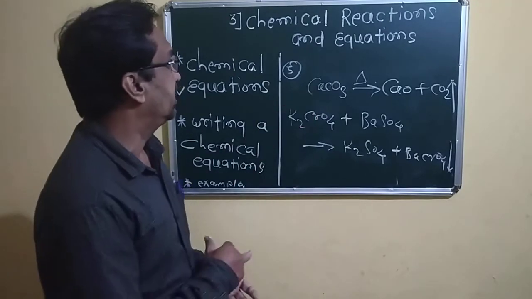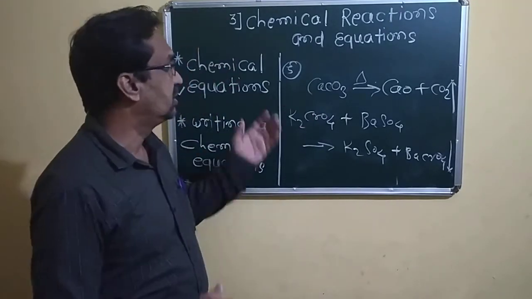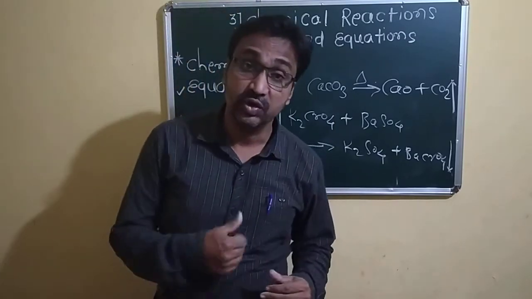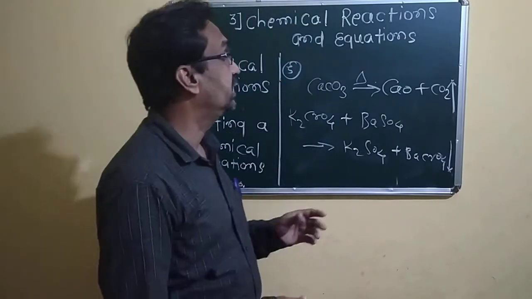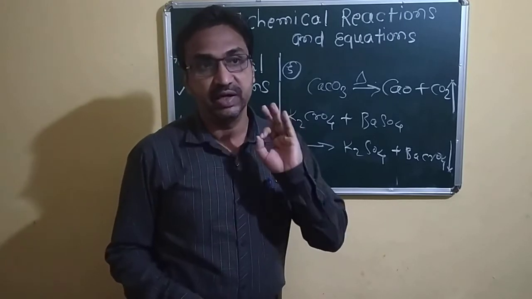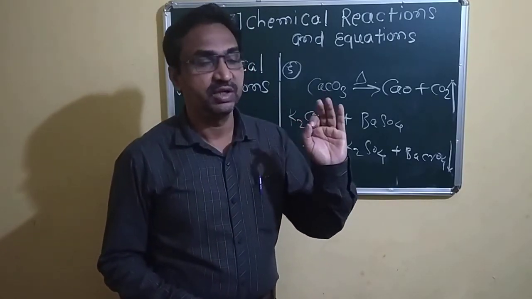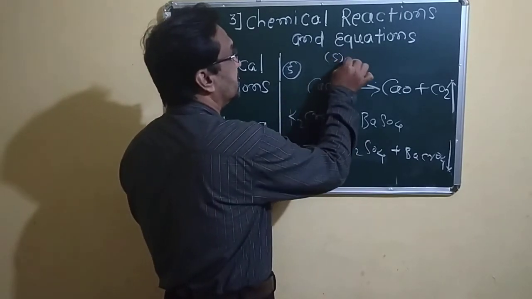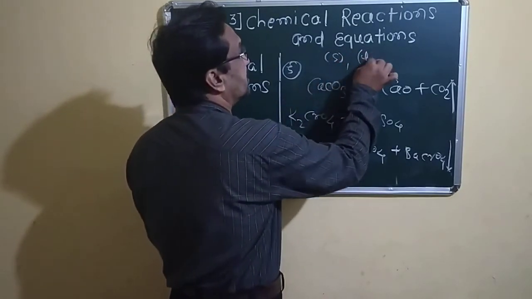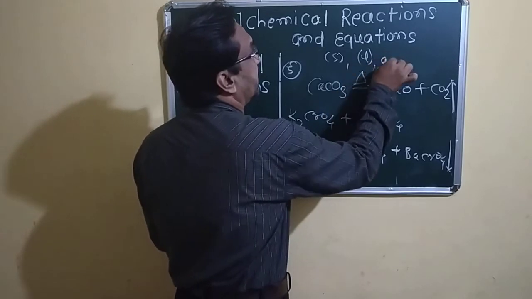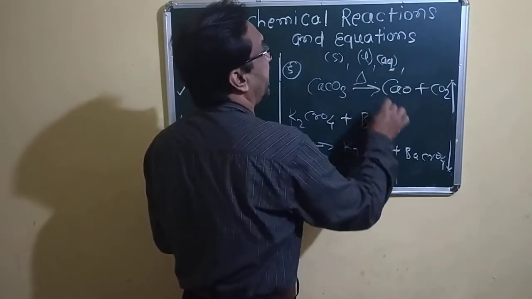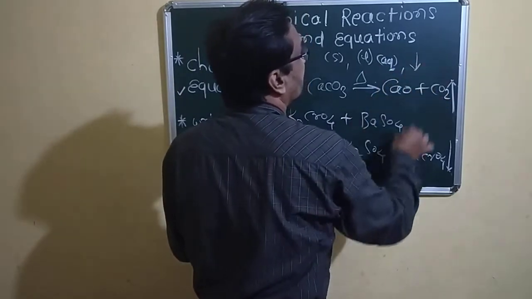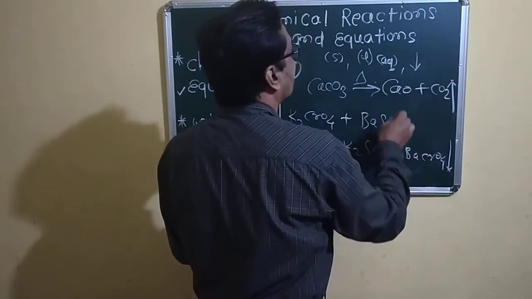So in the third rule, the chemical equation is more informative when we mention its physical state. For the solid state we use the letter s, for the liquid state l, or aq for an aqueous solution, and for the gaseous state, the upward arrow.